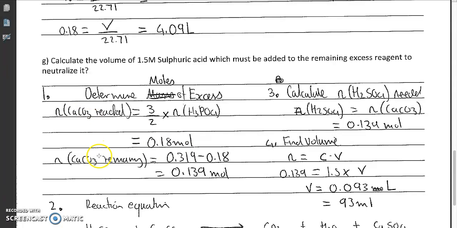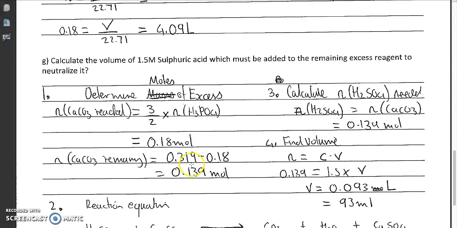Now, in an earlier question, we calculated the amount of calcium carbonate which we had in total, which was 0.319 moles. You're going to remove the amount reacted to get the amount remaining. So that is 0.319 minus 0.18 to get 0.139 moles remaining.